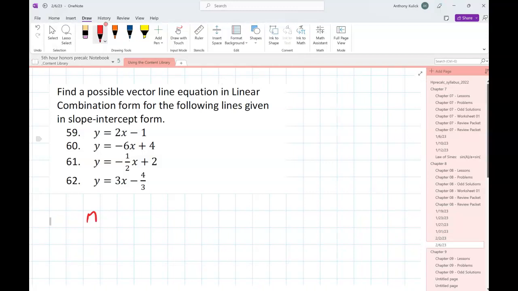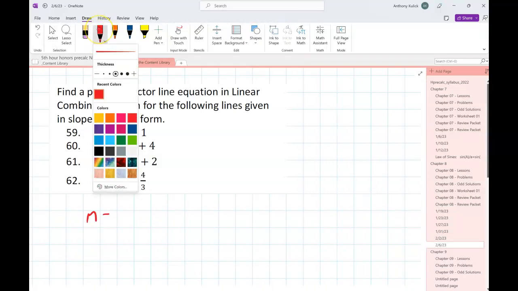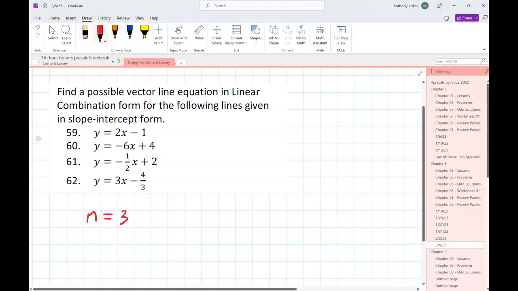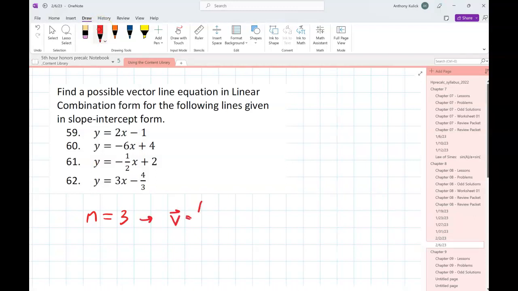So if we're doing 6.2, we know the slope is 3. So that tells me our slope vector is <1, 3>.